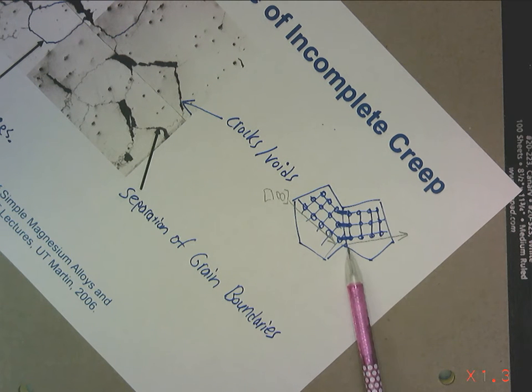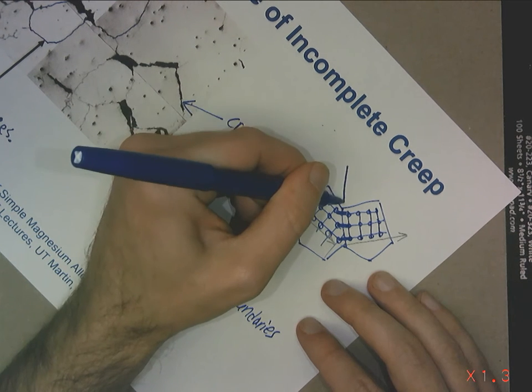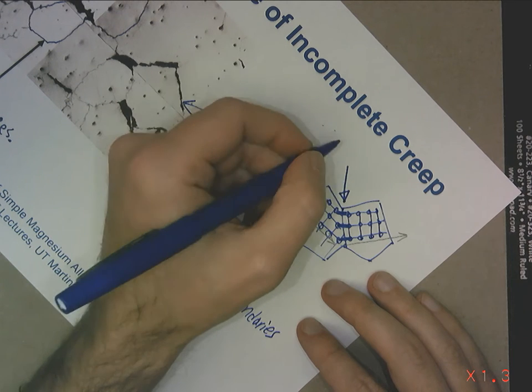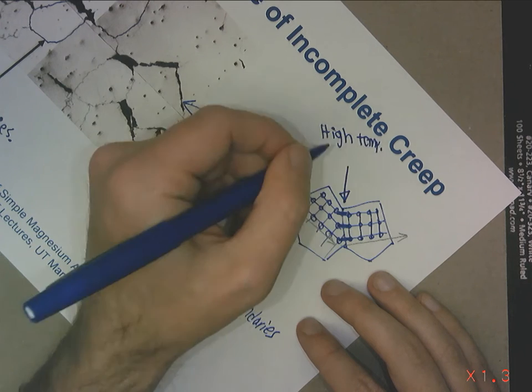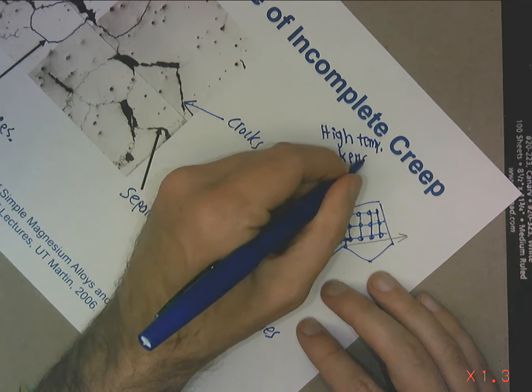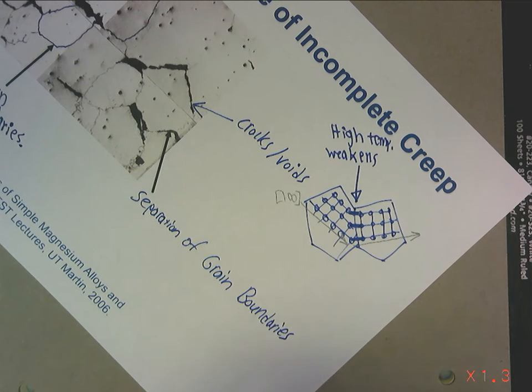Those shifts, we still get bonding across the grain boundaries, but it's not quite as good a bond, so to speak, as within the bulk crystal structure from one normal unit cell to another. So at high temperatures, those bonds weaken a lot. So what's going to happen? The grains are going to come apart from each other. That's the start of a creep failure.